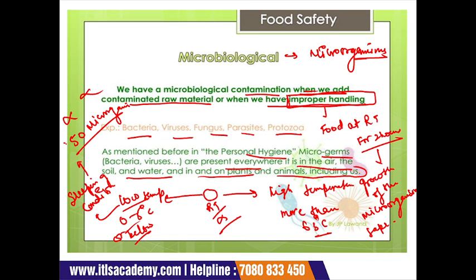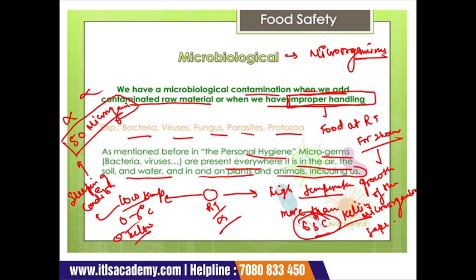They remain 50, and they also become inactive, that means they are not capable of causing any disease. But when we put the food at a high temperature, more than 63 degrees Celsius, it starts killing the microorganisms.